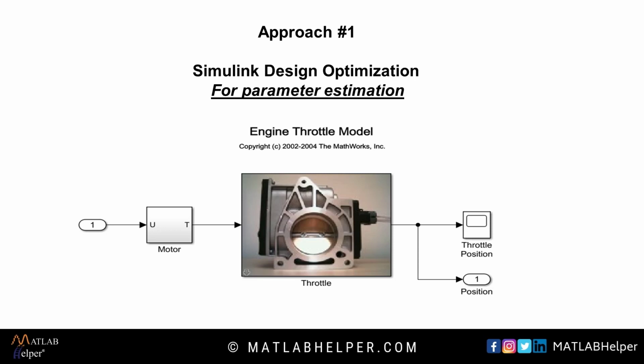Depending on the angle at which this valve opens, the engine speed will increase or decrease. On the other side, we have the motor subsystem, which models the input current of the motor and the torque applied to the motor.